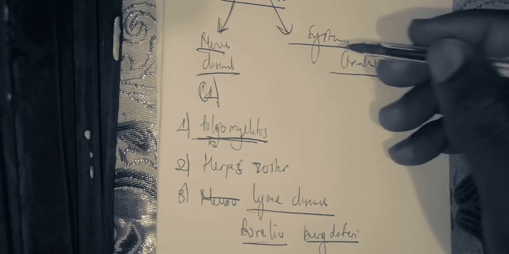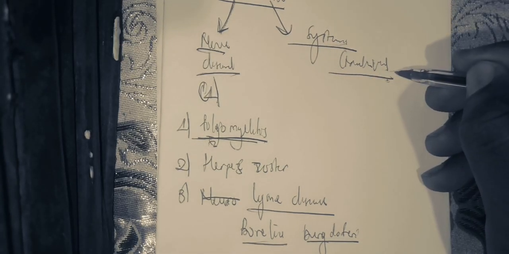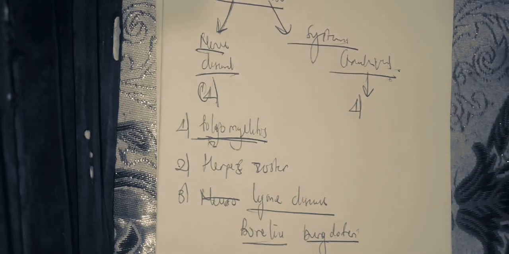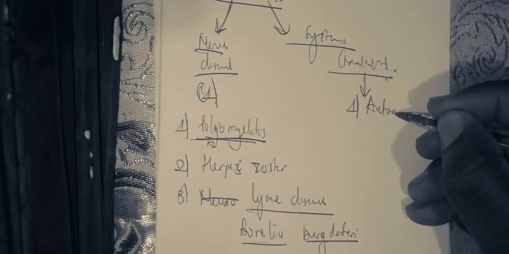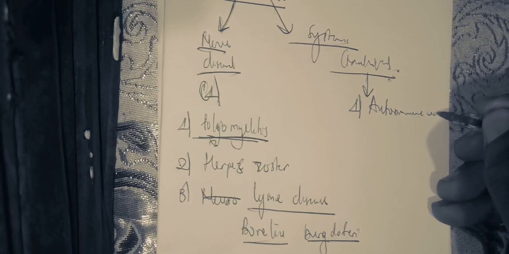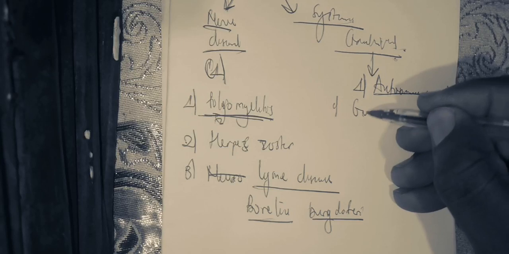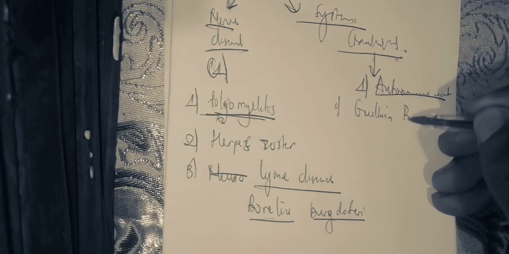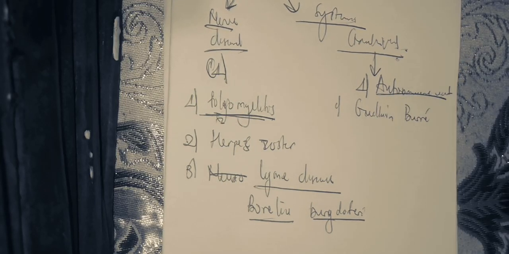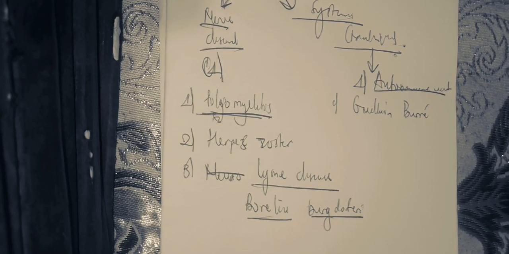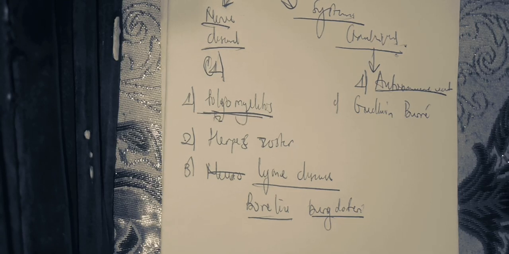Now, the next ones are the systemic manifestations. In the systemic disorders, the mechanism can be via autoimmune antibodies, like in the case of Guillain-Barré syndrome. When you have Guillain-Barré syndrome, it can also be a systemic nervous disorder.